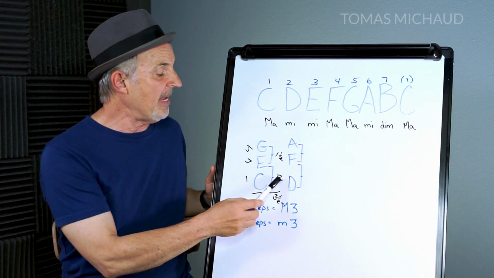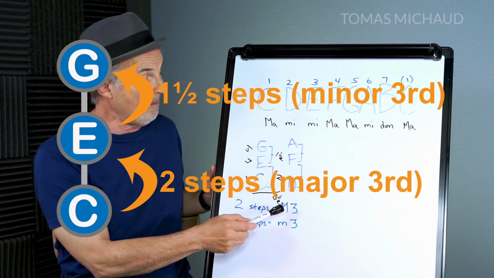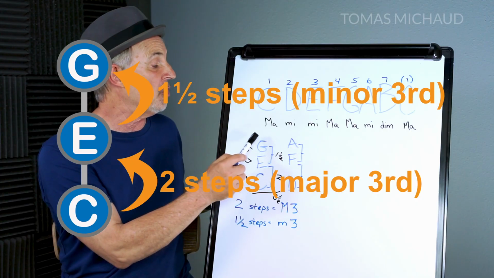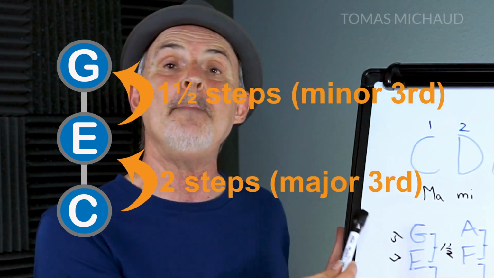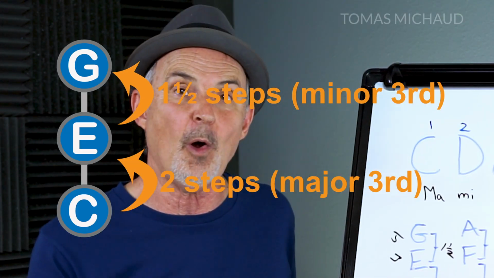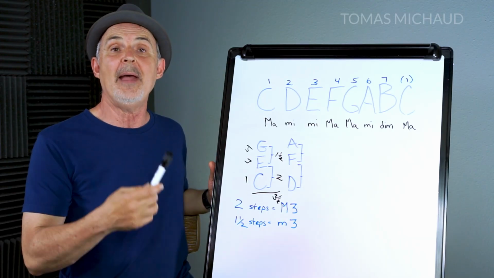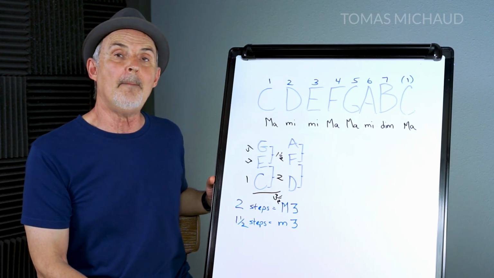Now we can say when we have a major third interval from C to E, that's 2 steps, and we put a minor third interval on top of it from E to G, 1.5 steps, we have a major chord. You could say that's a formula for a major chord. Just like you can say whole step, half step, whole step, whole step, whole step, half step is a formula for a major scale.